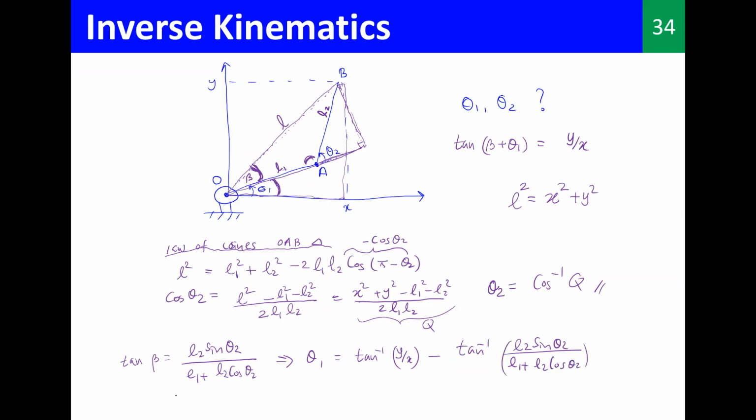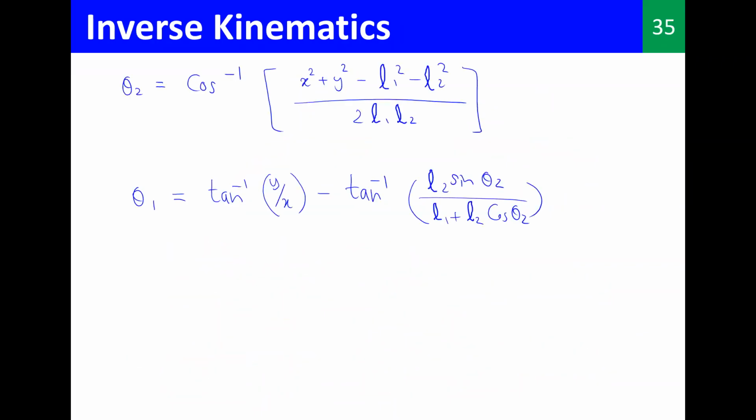So this is theta 1. I hope somehow you understood what I was saying. So this theta 1 is this whole angle minus beta. Now we have two answers for theta 2 and theta 1. If you didn't understand it, maybe slowly later you can have a look at it.